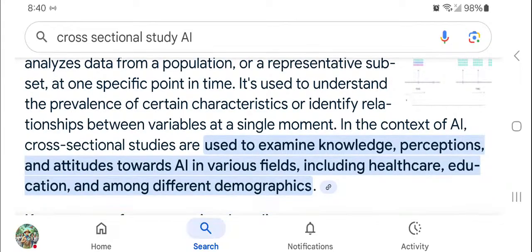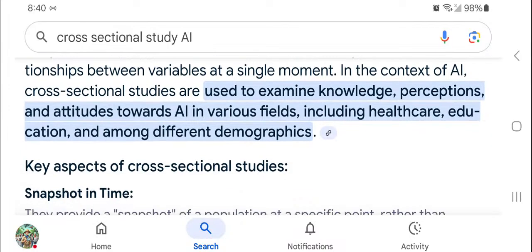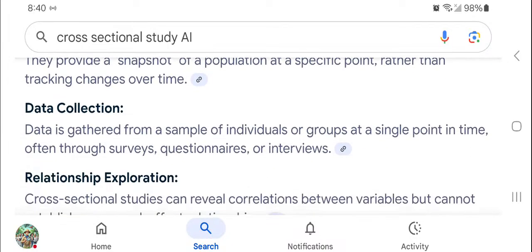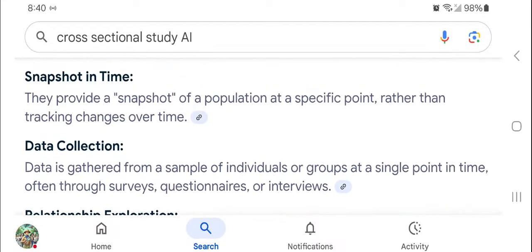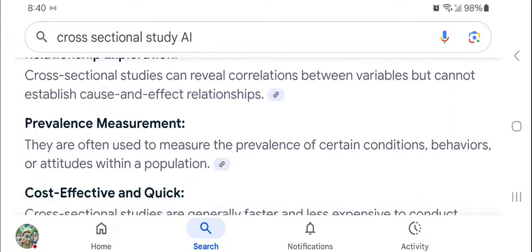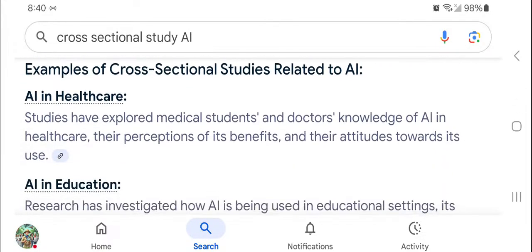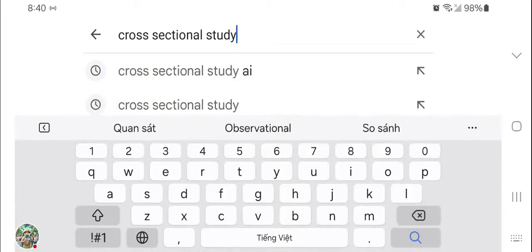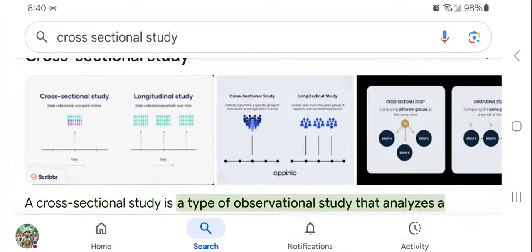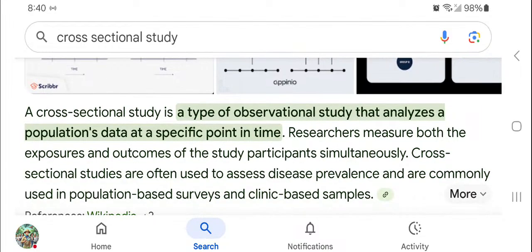In this context, cross-sectional studies are used to examine knowledge, perceptions, attitudes. Oh wow, they put the AI here. Anyway, I want to read what AI talks about. So let's say I just remove the word AI.